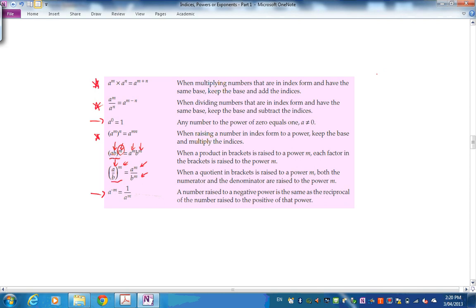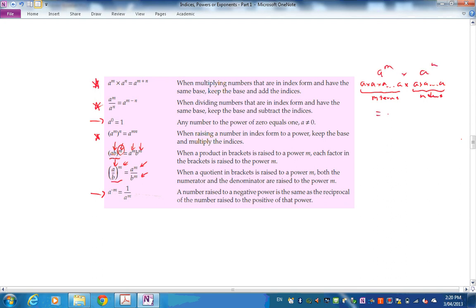And just quickly, you could write a little proof here, and I'll just do the first one. You could have m a's there, that would be the first one, times n a's, however many that is, so that would be a to the m by a to the n.